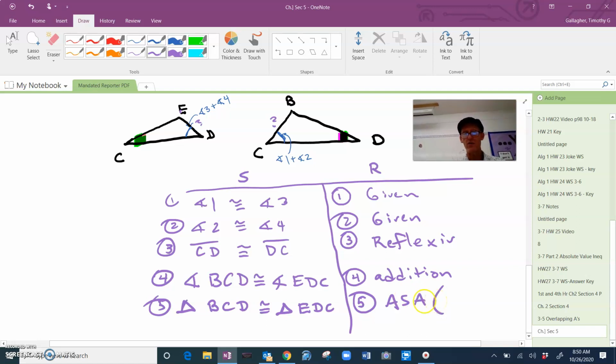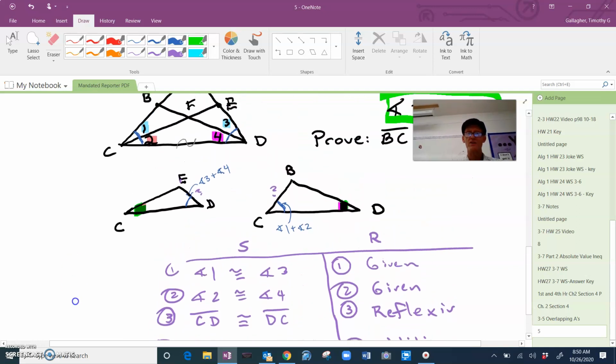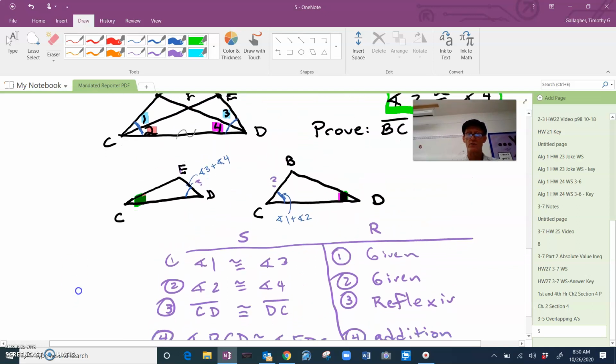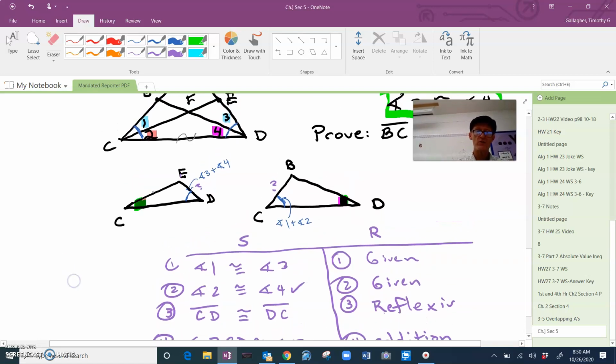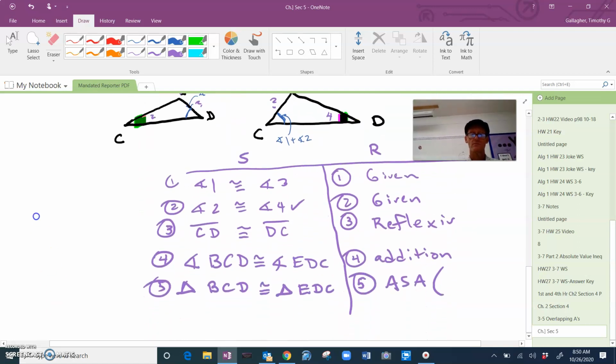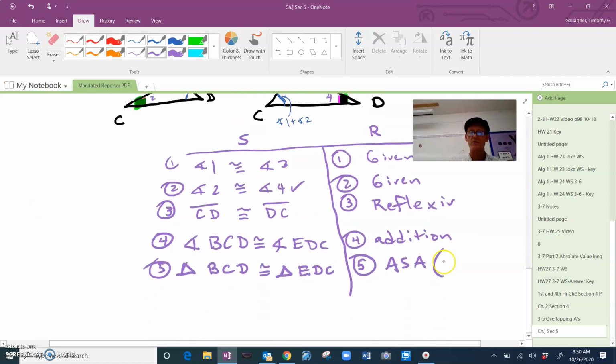Now the first angle is going to be 4 and 2, which is this one, because this was angle 2 and this was angle 4. We can see them up here. So the first angle is going to be 2. The side is the reflexive side, and then the third angle is this angle here.